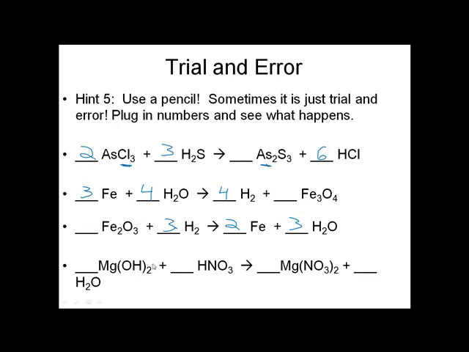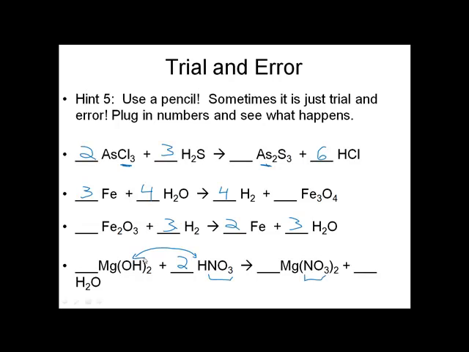Last one. Now I see one of those polyatomic ions, NO3. I have 1 over there, 2 over here, so I'll put a 2 here. Now, for some reason, people have a hard time seeing this. The OH, I have 2 OHs and 2 H's bonding together.